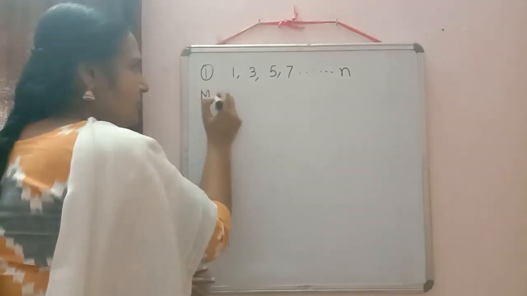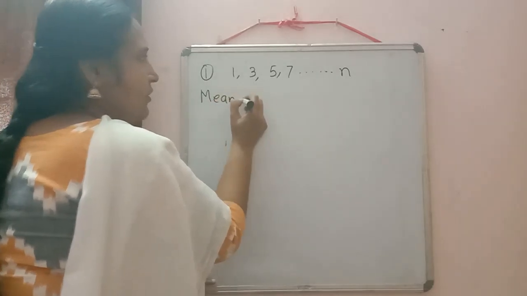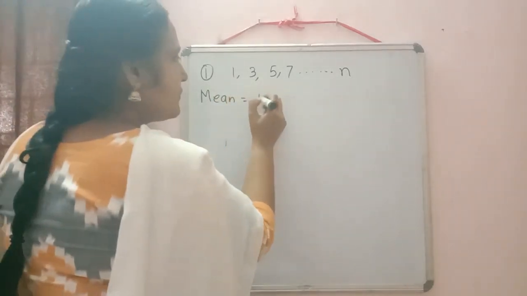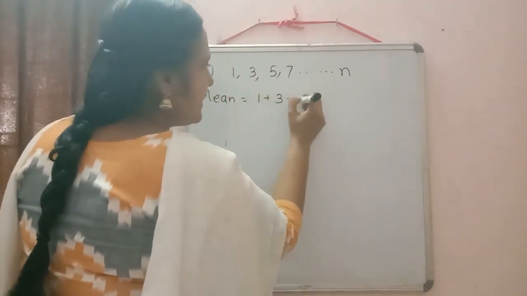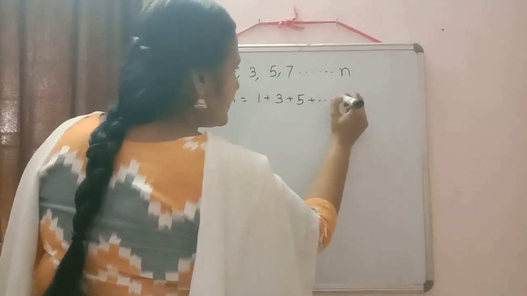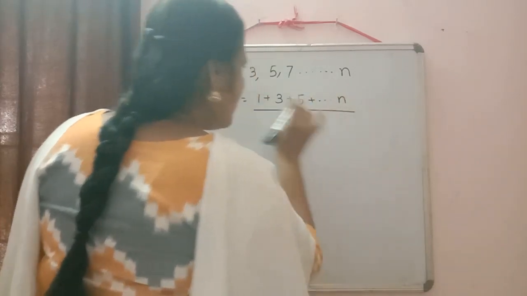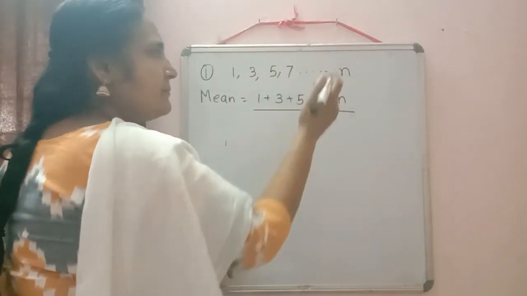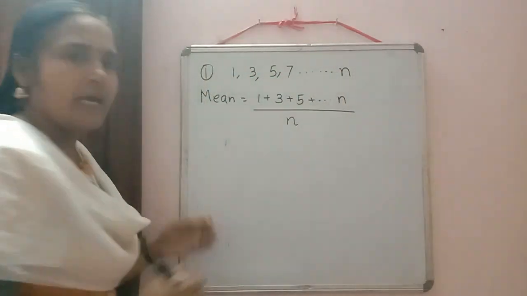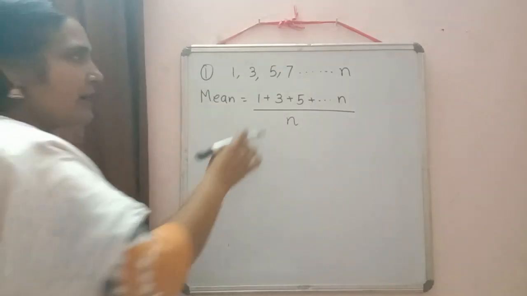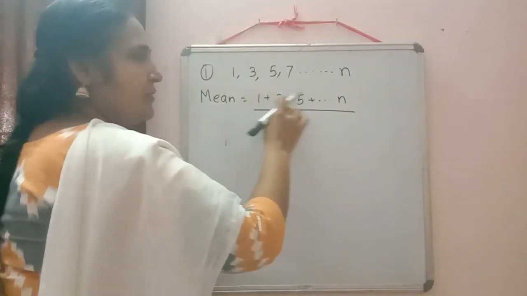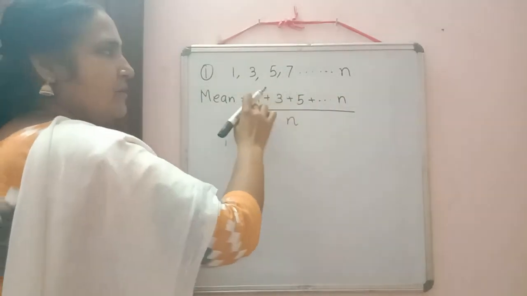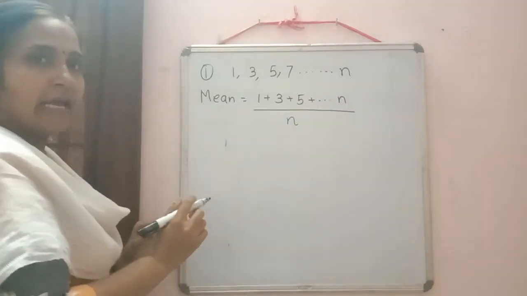Mean is equal to sum of all the observations, that will be 1 plus 3 plus 5 plus etc. plus n terms, divided by total number of observations. We have n numbers. Now here we have to find the sum. We don't know how many numbers are there, so we have to find the sum of n terms.